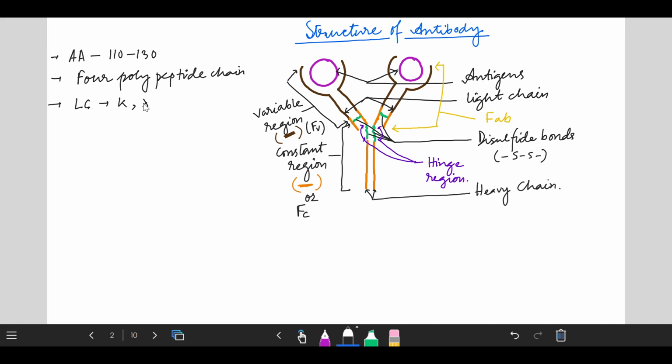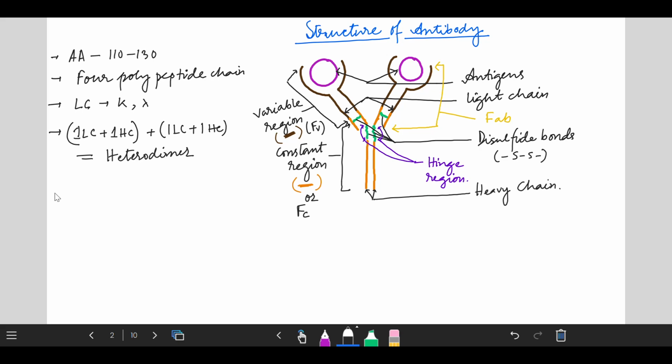You should keep in mind that one light chain plus one heavy chain, and another light chain plus another heavy chain, form a heterodimer. So what I have said is, take one light chain and one heavy chain, and another light chain and one heavy chain. These 2 form heterodimers.